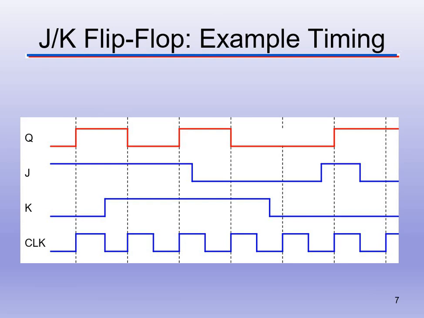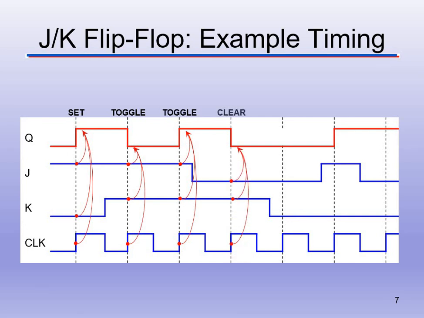And then at the next rising edge of the clock, you'll be able to see that J is at 0, K is at 0. So since it's a 0, 0 there at that rising edge, there is no change. Q remains at 0. Alright, so we'll let the animation go through so that you can see how we get set, toggle, toggle, clear, no change, and then back to set.